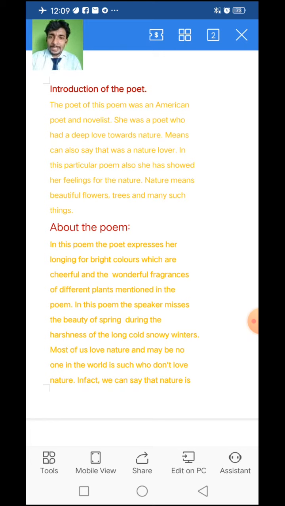Now, most of us love nature, and maybe no one in the world does not love nature. It's a very simple line that I try to tell you, that most of us human beings have a deep love towards nature, and we love it a lot.